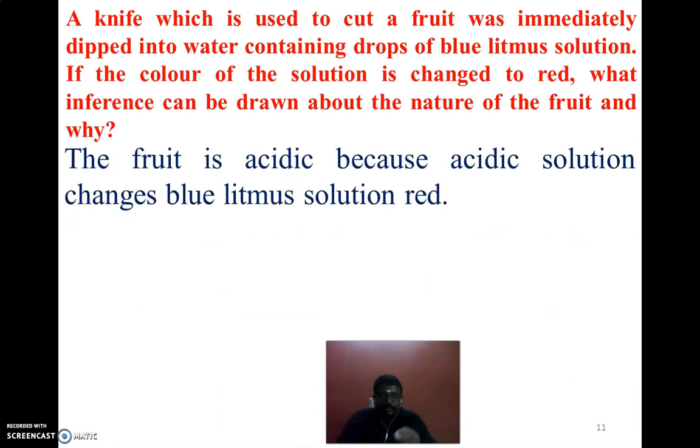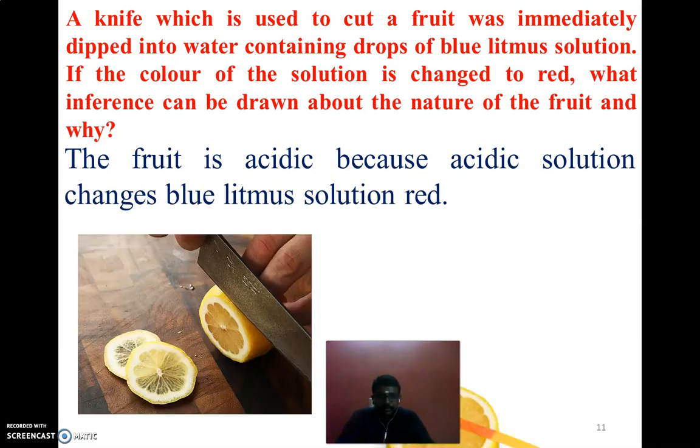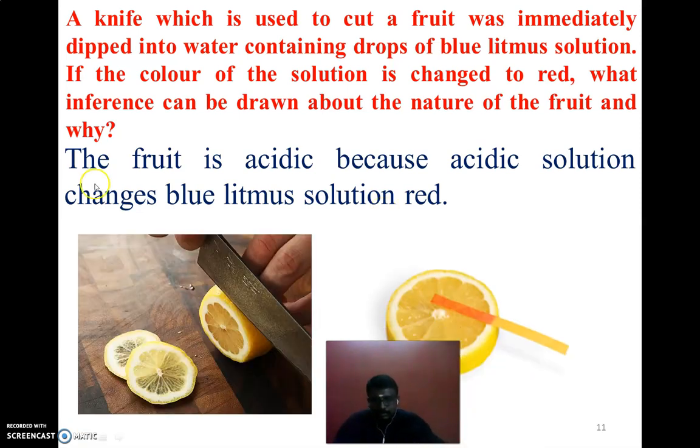The fruit is acidic because an acidic solution changes blue litmus solution red. So this is the answer.